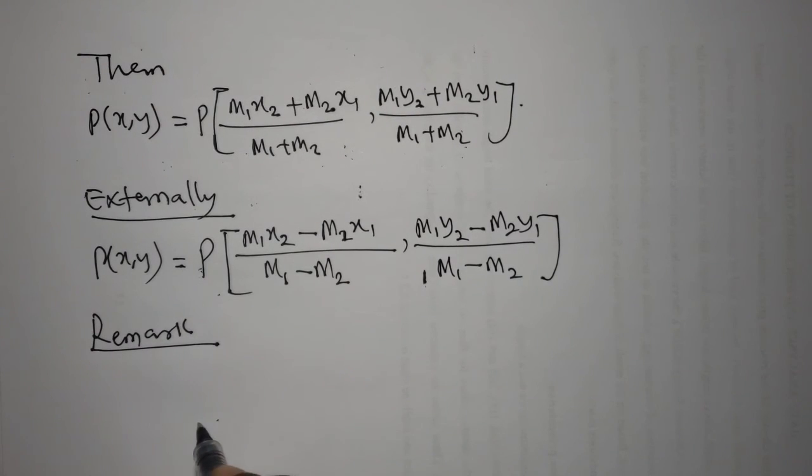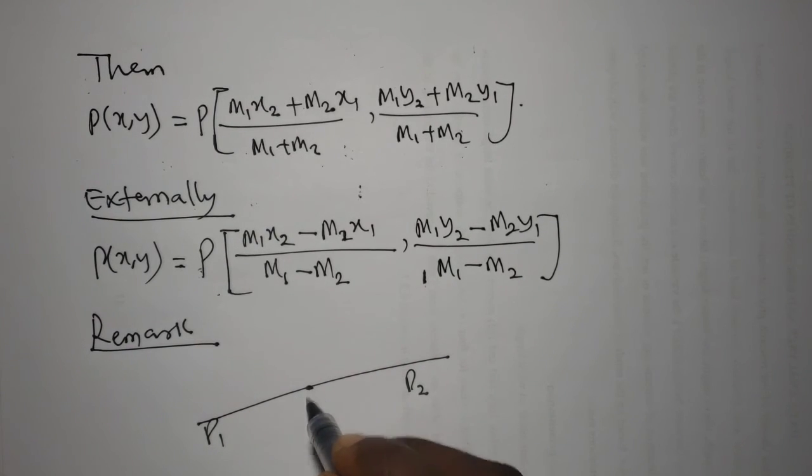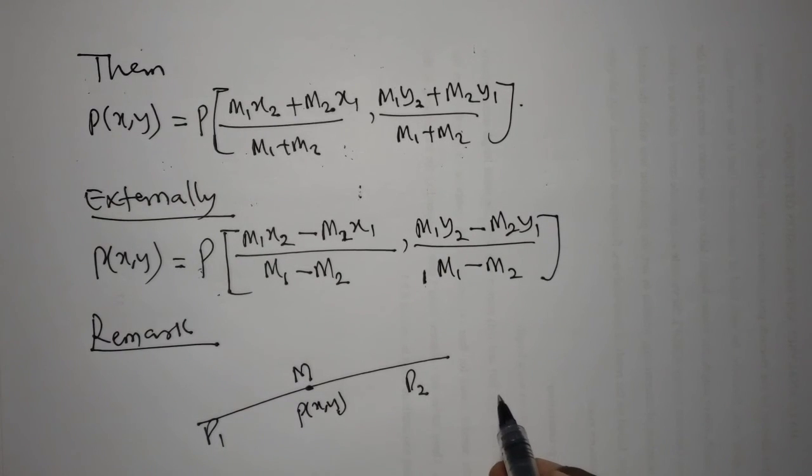Now if we have here our points P1 and P2, and the point P, x, y that divides internally is this. The question is, what if this point PXY is actually the midpoint of the line segment? Yes, this point PXY is an internal point, we know.